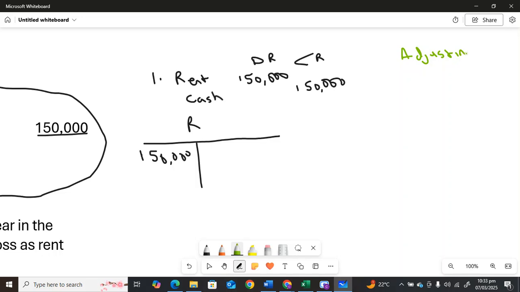In the adjusting journal entry, you debit the prepaid expense because you are recognizing it as a current asset.